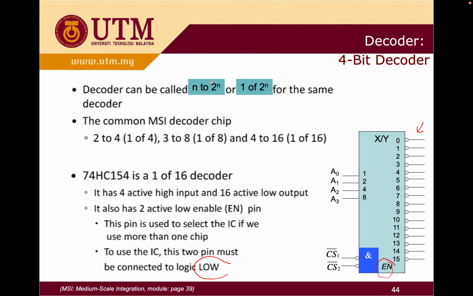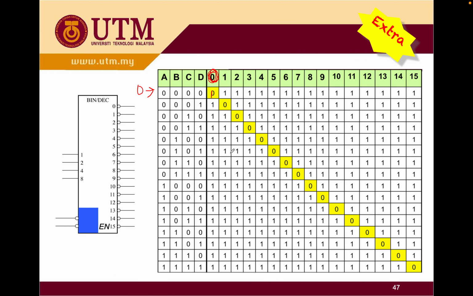But go back to the hint there. Your input is active high, but your output is active low. That's why at 0 there, this value is 0. If you convert to decimal, this output active low will be 0. The rest will be 1.